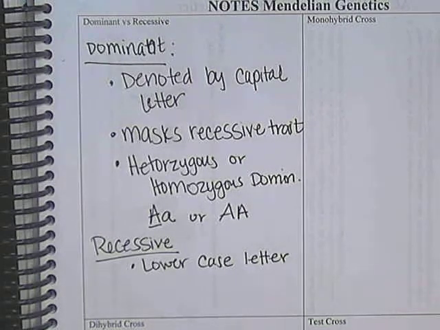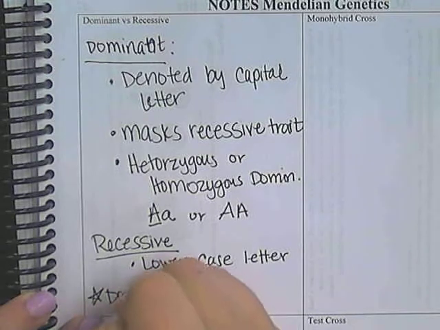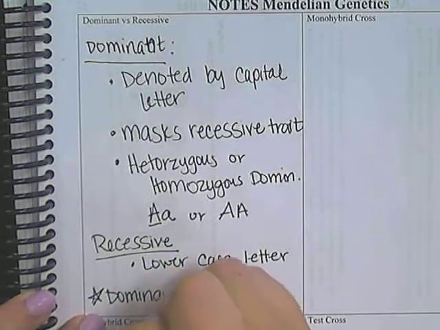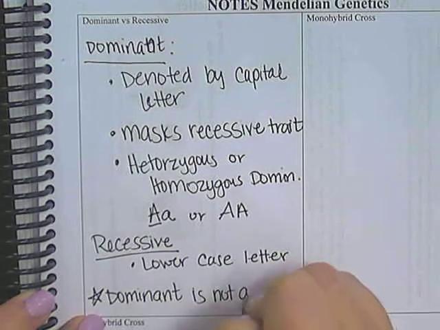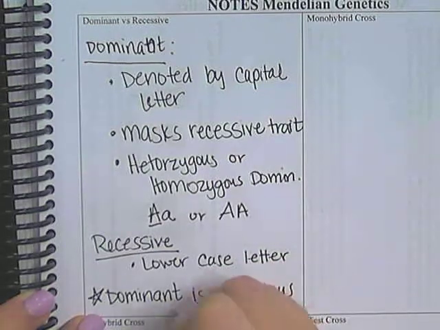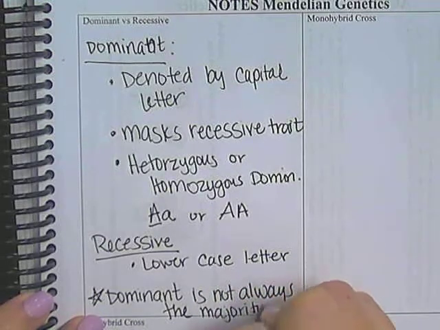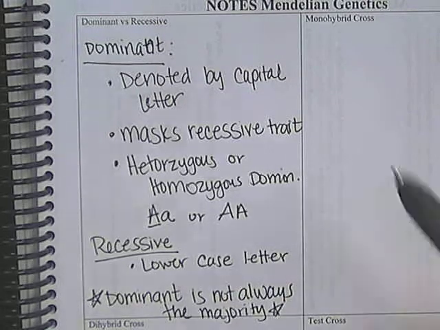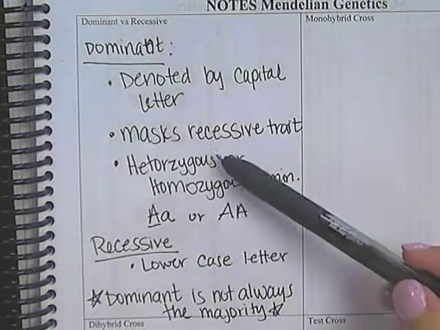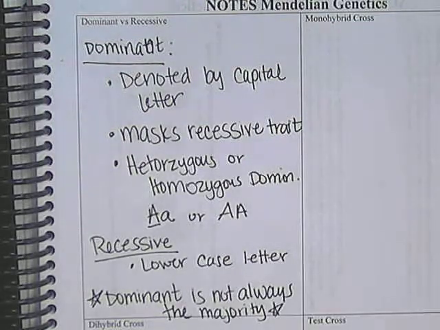In other words, and I'm going to put a star by this because this is important, dominant is not always the majority of a population. So I'm going to put 2 stars like this. That's not how you justify something as dominant. You would justify something as dominant because that trait masks the other trait, the recessive form of the allele.